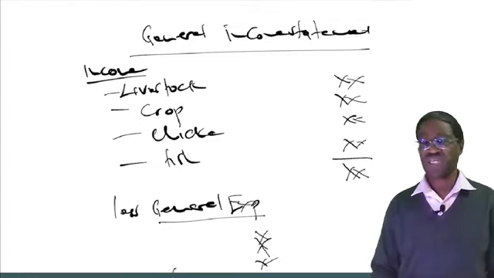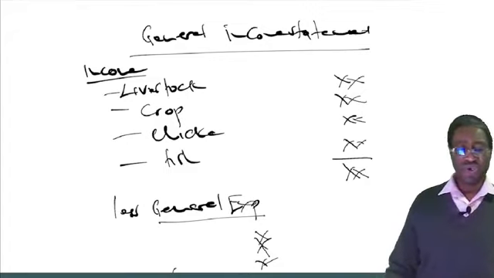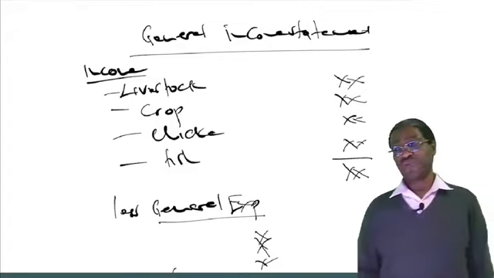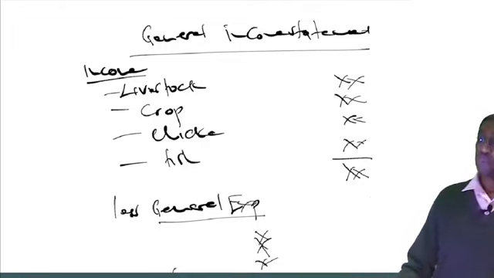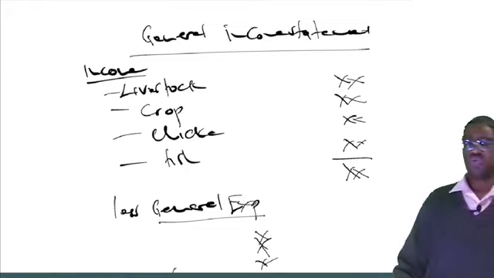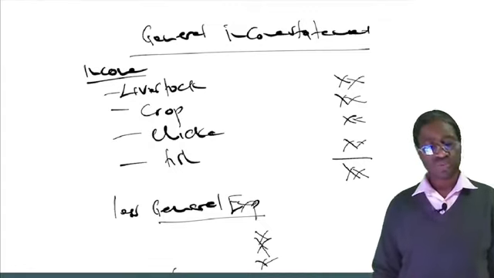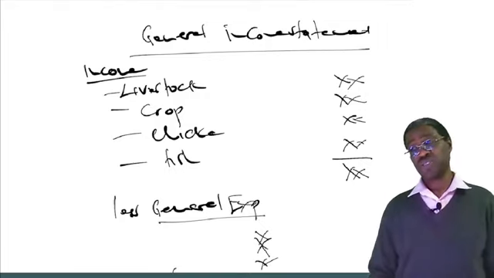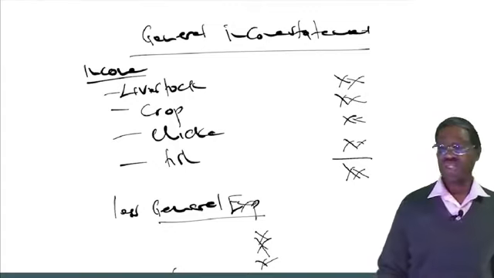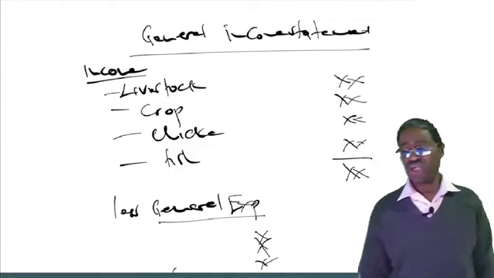Then another dash: the profit or loss for each category should be reported to the general income statement.